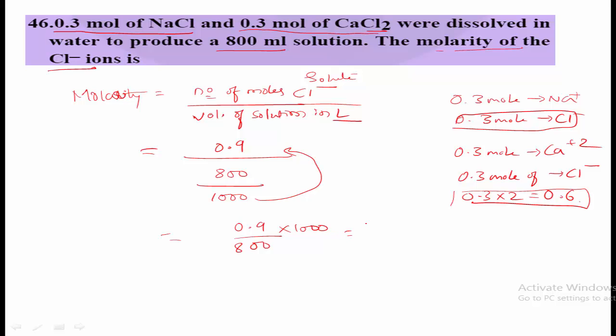How much will you get? You will get 900 divided by 800. That is equal to 1.12. That is the molarity, capital M, molarity of the Cl minus ions.